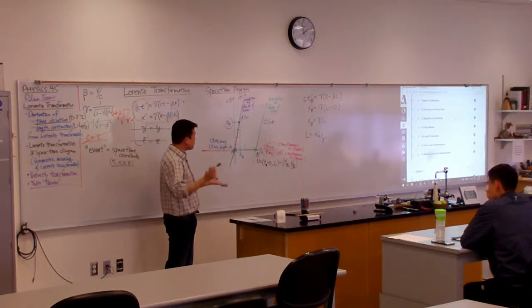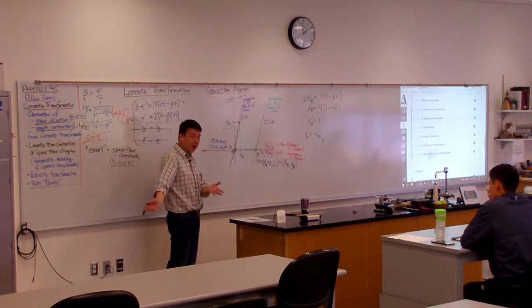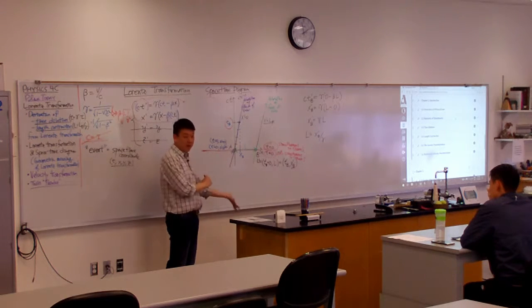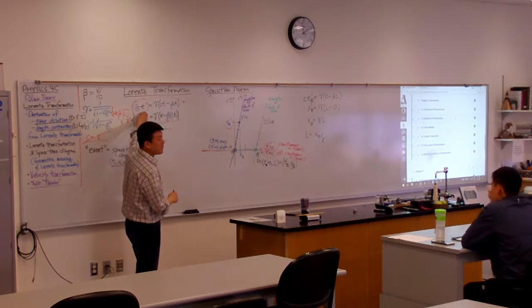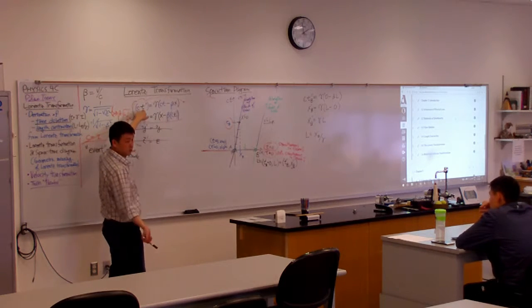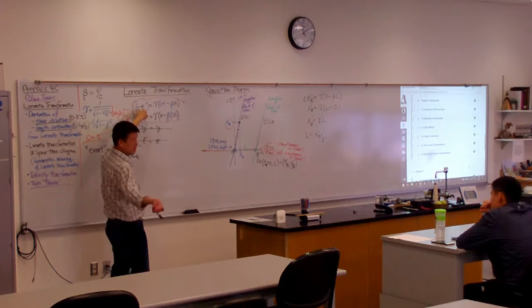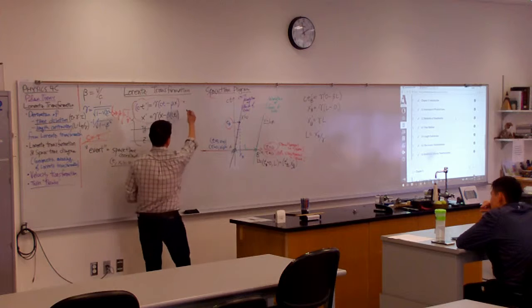So let me try to find what points are simultaneous in the S prime frame. The way to do that is to take this expression and plug in t prime equal to 0, right? Because then I'm looking for all the points that have t prime equal to 0. So let me do that.